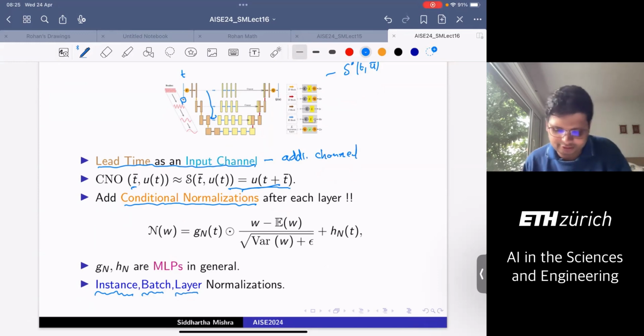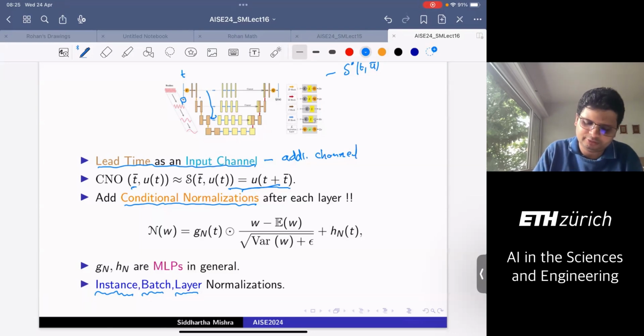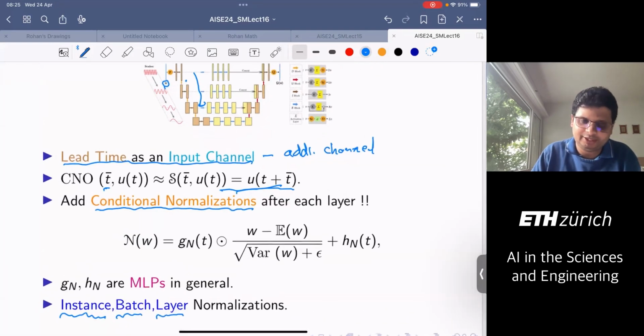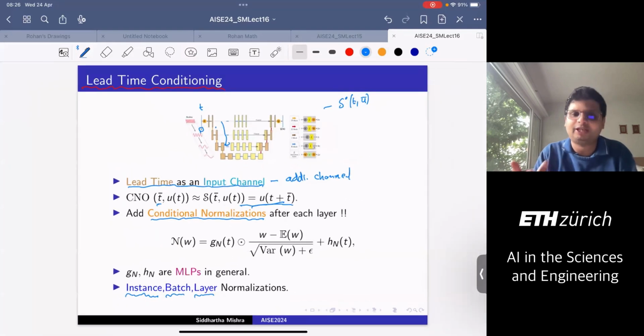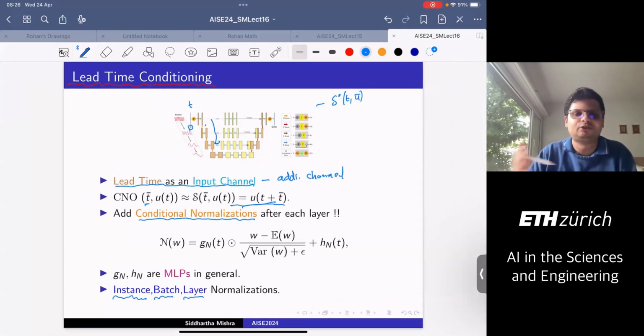So in particular, just imagine that in the time independent case, what you do in normalization is that you take the output, for instance the output here of this particular layer, and then you take out the mean. So you average over different things, and these different things, where you take the expectation, give you different examples of normalizations, whether it is instance norm or batch norm or layer norm.